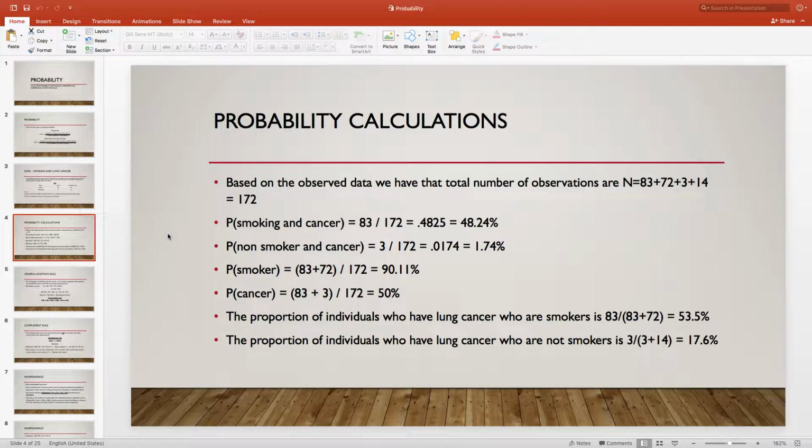So 90% of the people in the study are going to be smokers, so only 10% are non-smokers. And the proportion with cancer, well, we designed the study so that only 50% of them had cancer. Okay, remember 86 with cancer, 86 without.